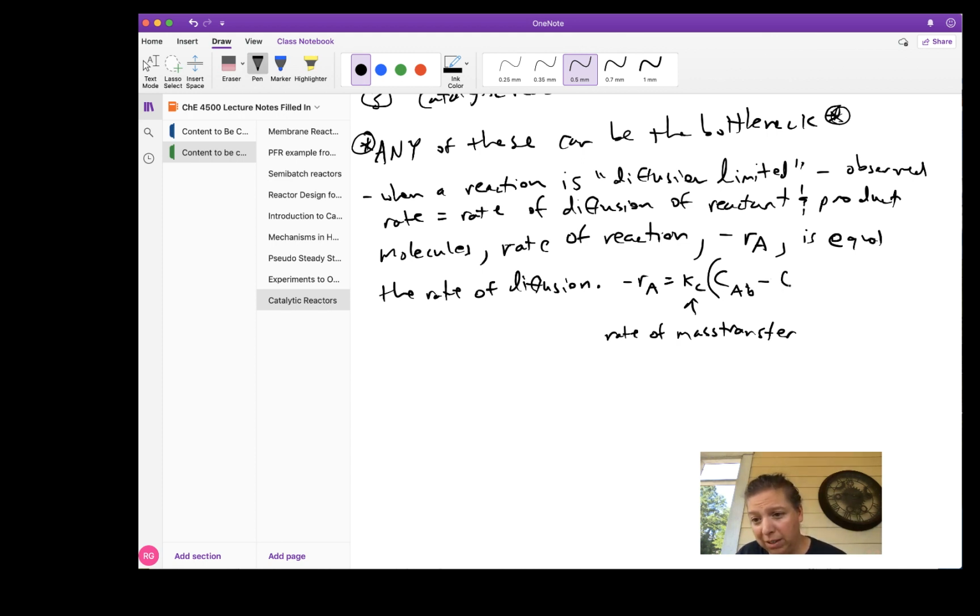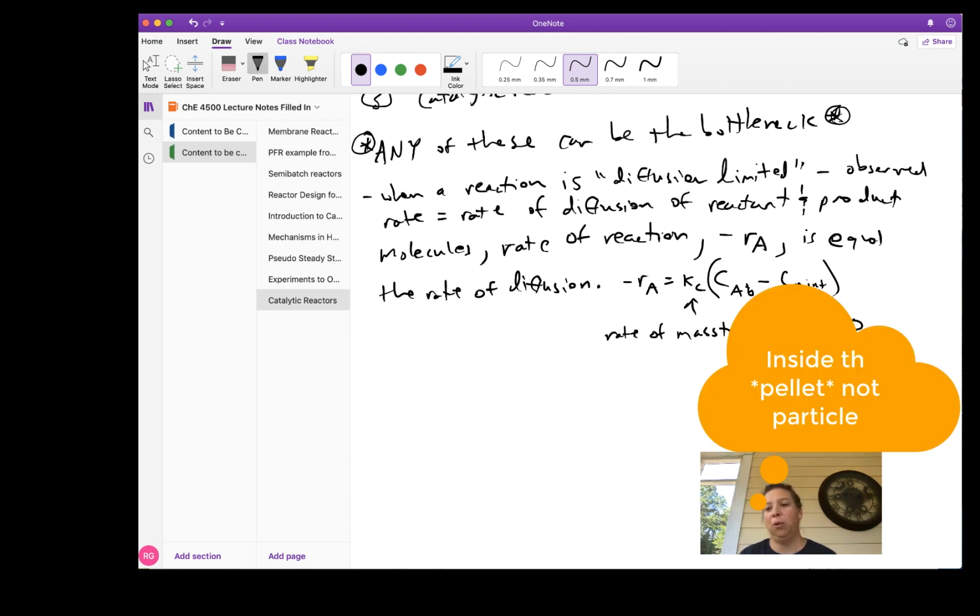In this case, we might say C_A internal to the catalyst, we'll say int for internal. So maybe we say here that we're going to approximate this as equal to 0. So this is a low concentration inside the particle because there's some diffusion limitation along the way.